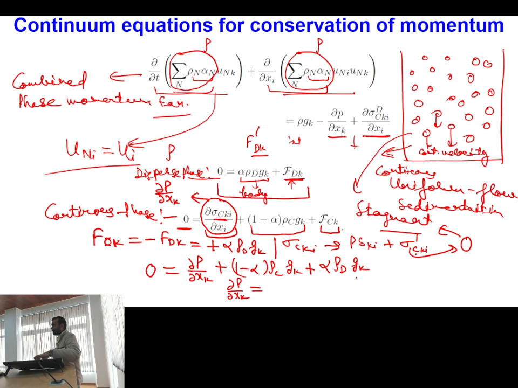What is this? It is the mixture density rho: alpha times rho D plus 1 minus alpha times rho C, the volume fraction multiplied by the individual phase densities. So del P by del x_k will be equal to simply minus rho g_k, where rho is the mixture density.